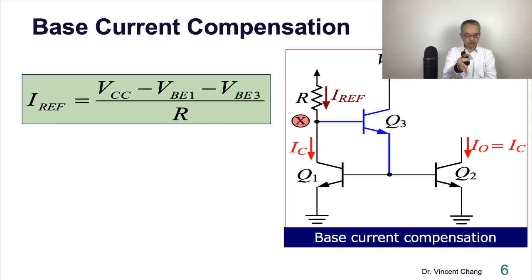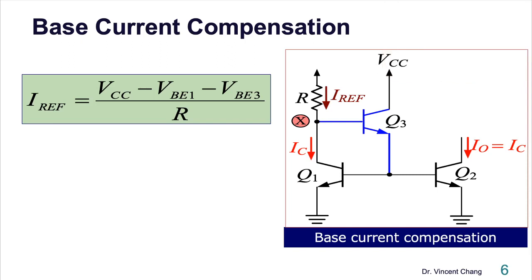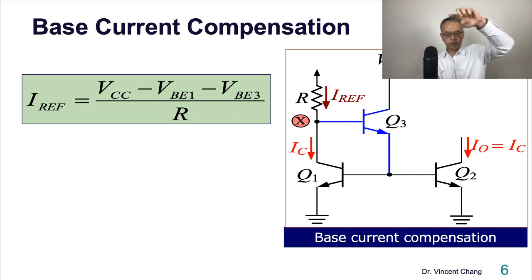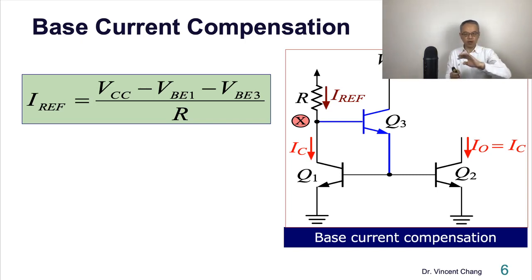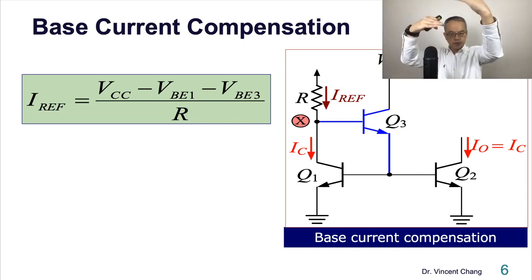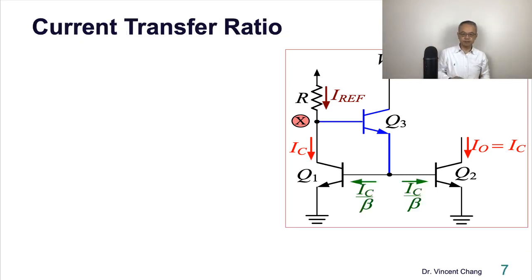First of all, you have to find the reference current: VCC, deduct 2 VBE, the first one VBE3 and then VBE1, and the leftover voltage across the R gives the reference current.